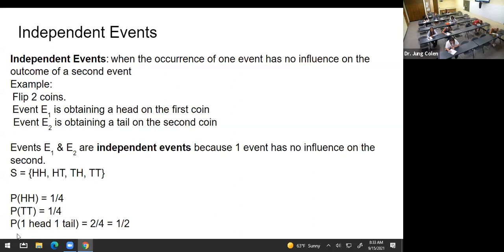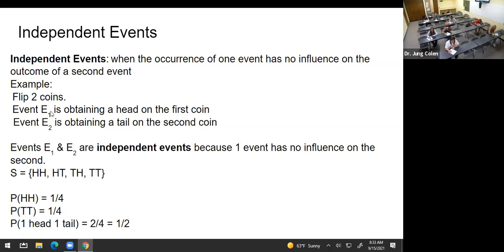You're flipping 2 coins. The event E1 is obtaining a head on the first coin. That's why we put 1, because it's the first coin. Event E2 is obtaining a tail on the second coin.